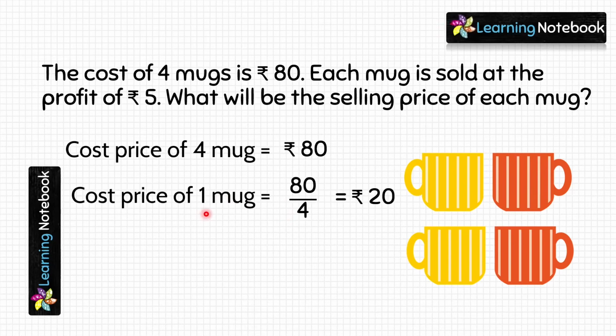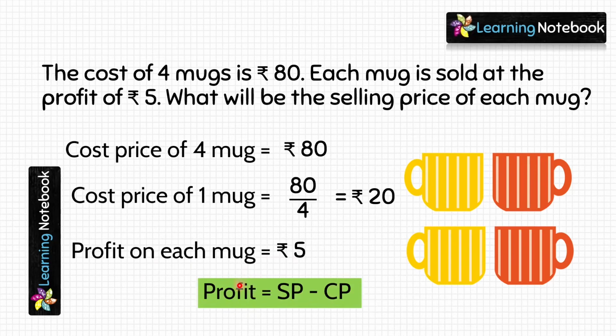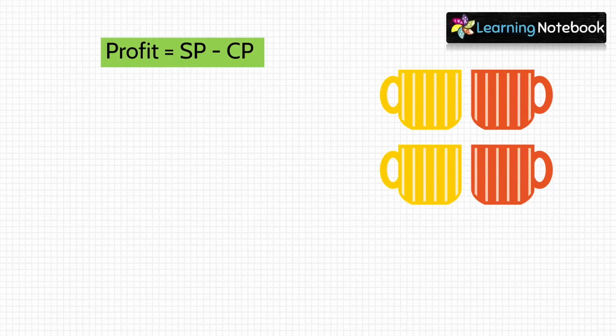Next, it is given that profit on each mug, that means one mug, is rupees 5. So let's find the selling price using the formula profit equals to SP minus CP. Let's put both the values here. We get 5 equals to SP minus 20.